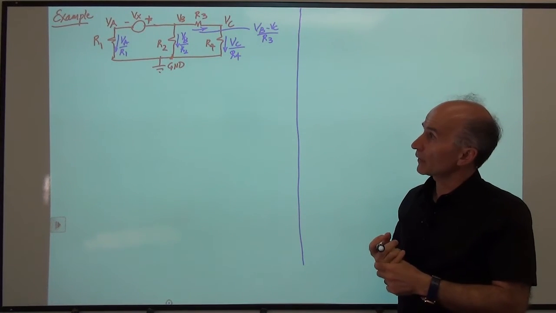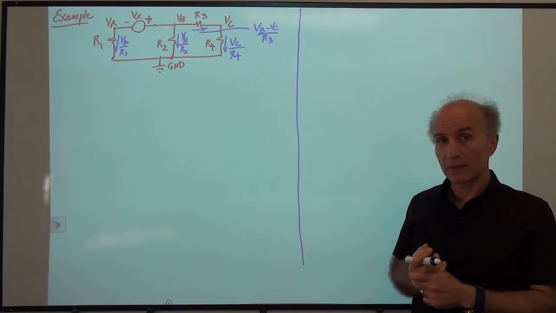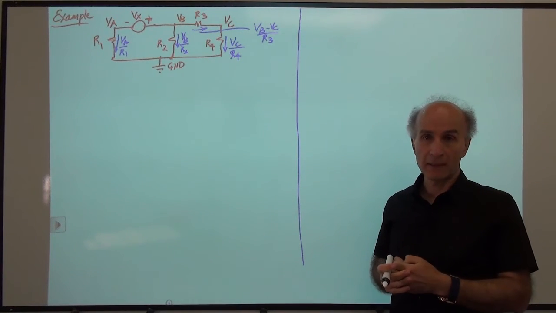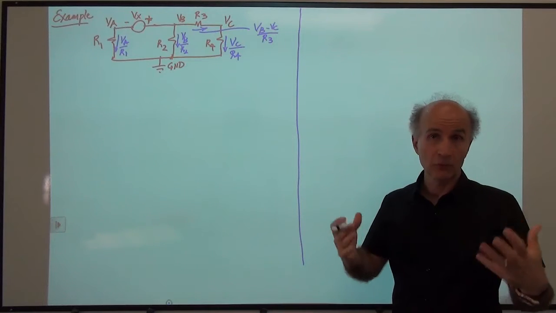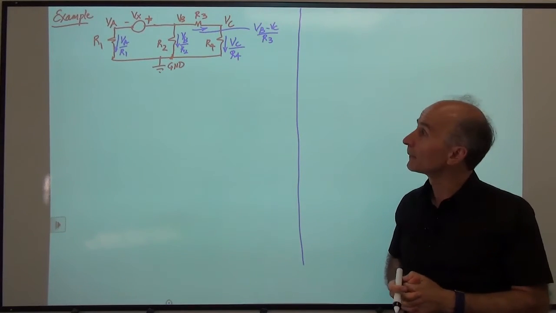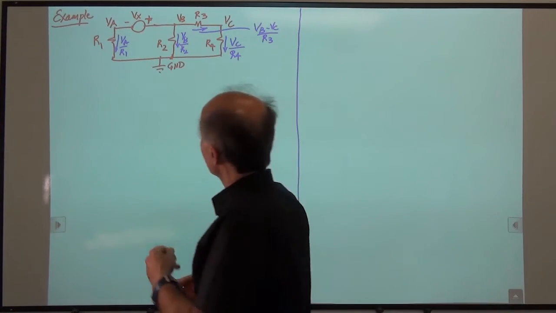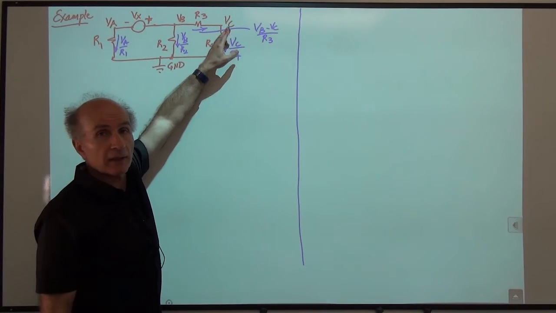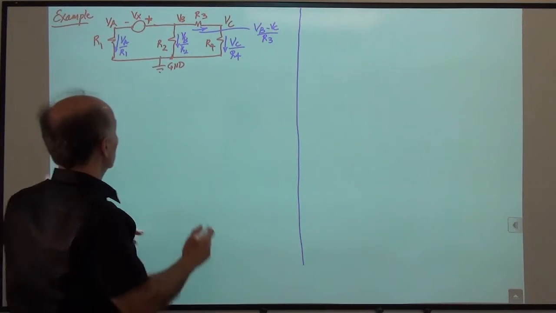Okay, so let's start writing some KCLs. Now that we have found all the currents, our next step is to write KCLs so that we can solve those equations and find the unknowns. Okay, well, I'm going to start from this side because it's simpler. Let's write a KCL at node C. What do we have there?